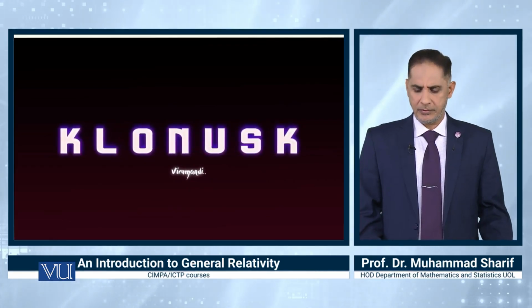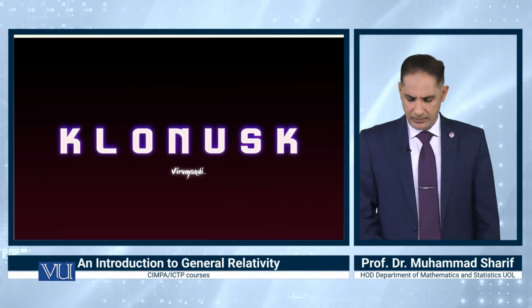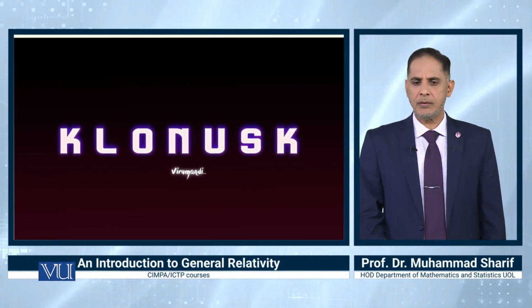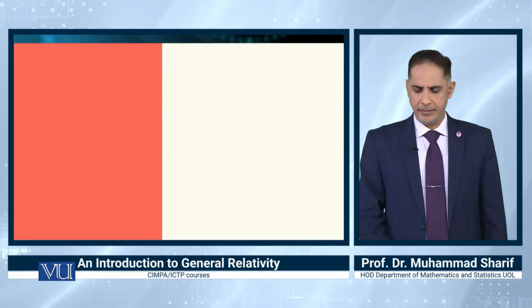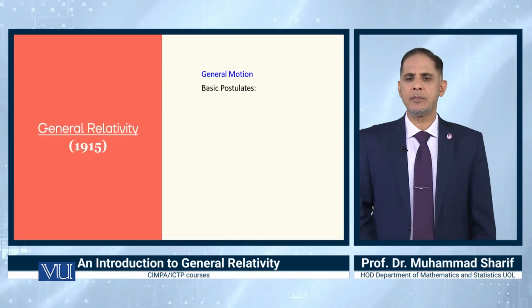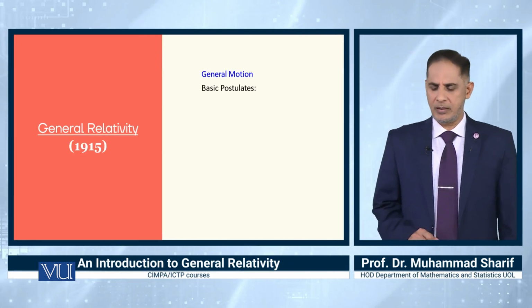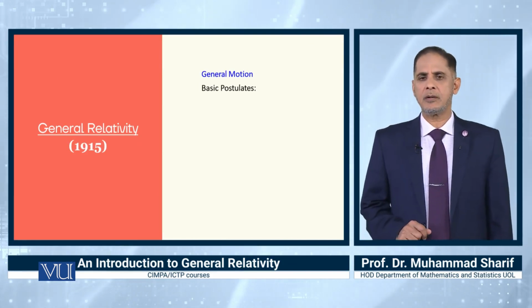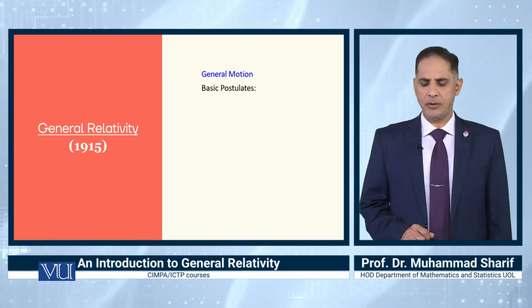Okay, let's start again. Now we start the general theory of relativity. As you know, the special theory of relativity is special in the sense that it holds only for uniform motion.